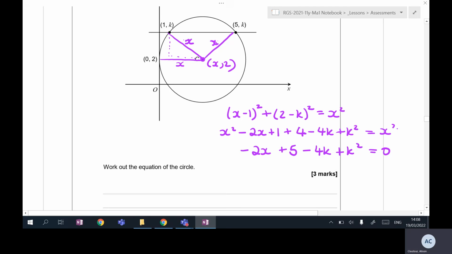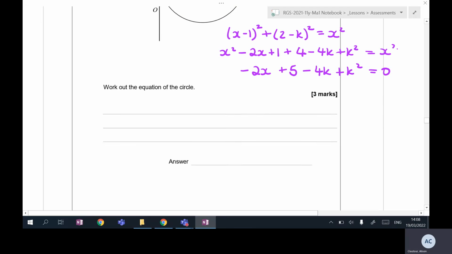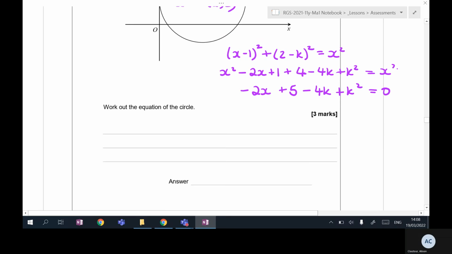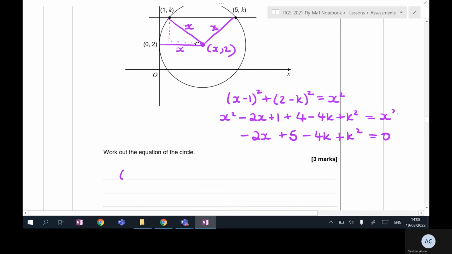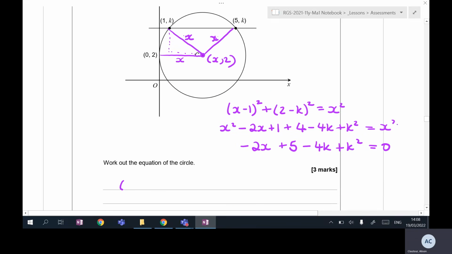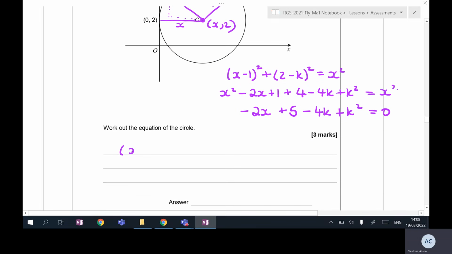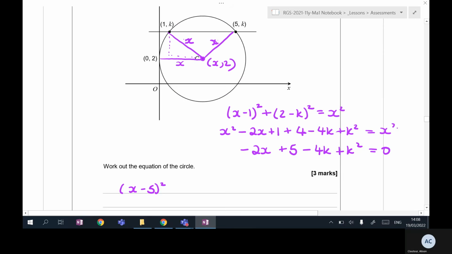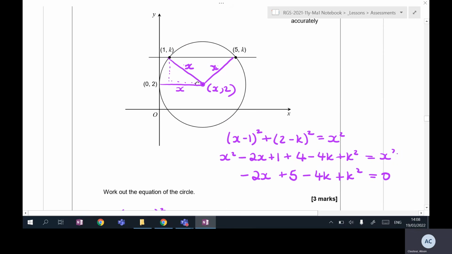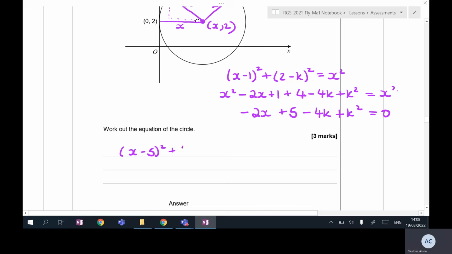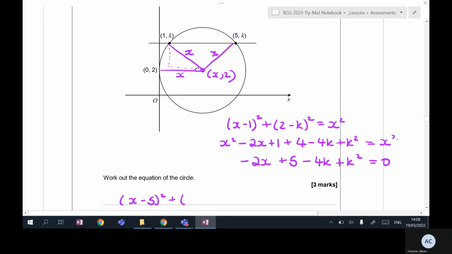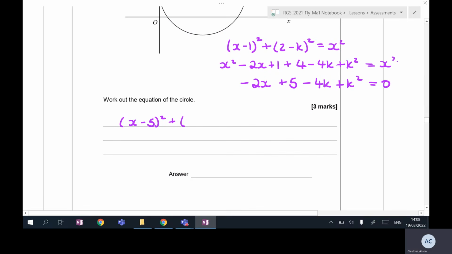I'm now going to do the same thing for my other point, (5, k). So if we do the same thing for 5 and k, my difference in my x coordinates is x minus 5. I've then got 2 and k, so 2 minus k.